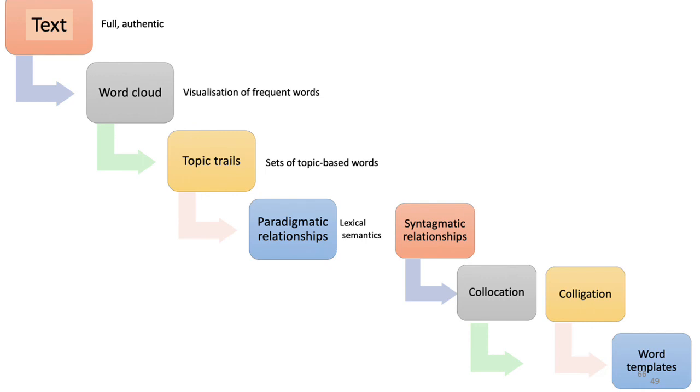We can find those as we were doing when we had the topic trails listed on the blackboard. And we can also look at the syntagmatic relationships, the most important being collocation and colligation. And we can put these together to form word templates, which are structures around key words in a text.